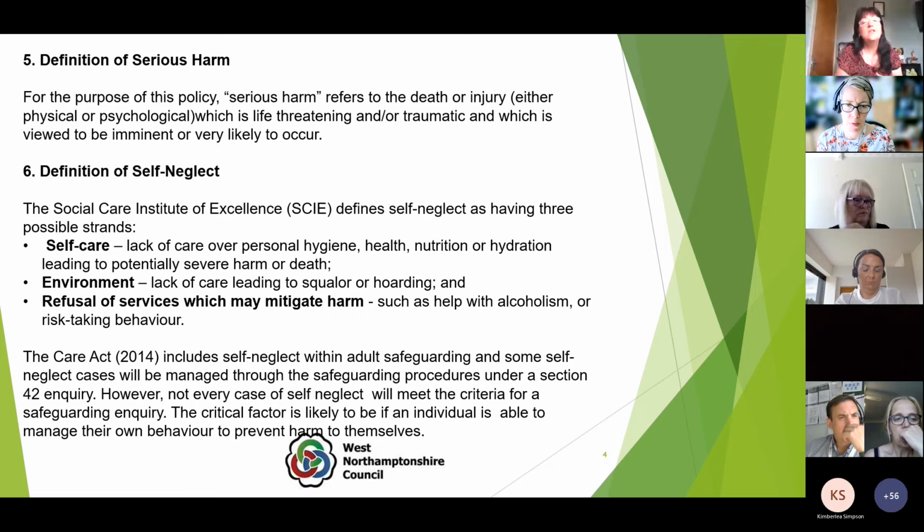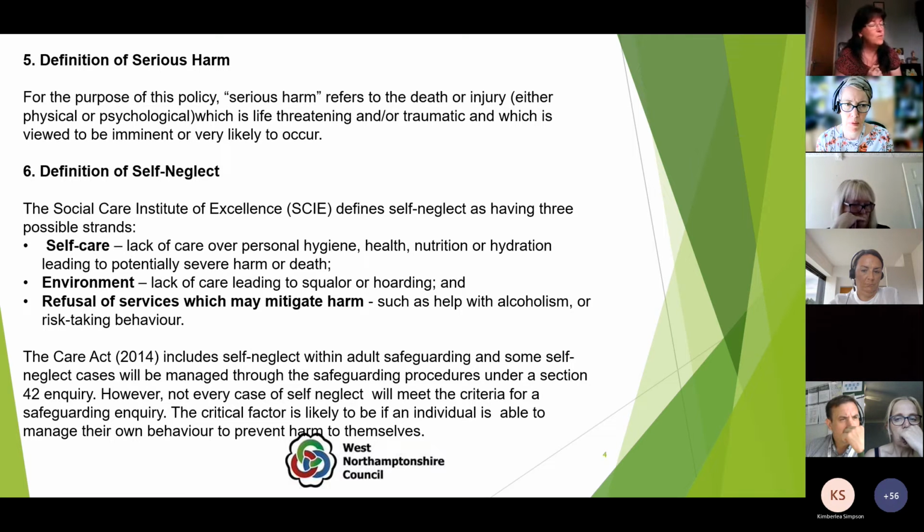The Social Care Institute gives us definitions of self-neglect, where they've got three strands. So we're looking at self-care, where there's a lack of care over personal hygiene, health, nutrition or hydration. And that could mean that encounters quite a lot of people.